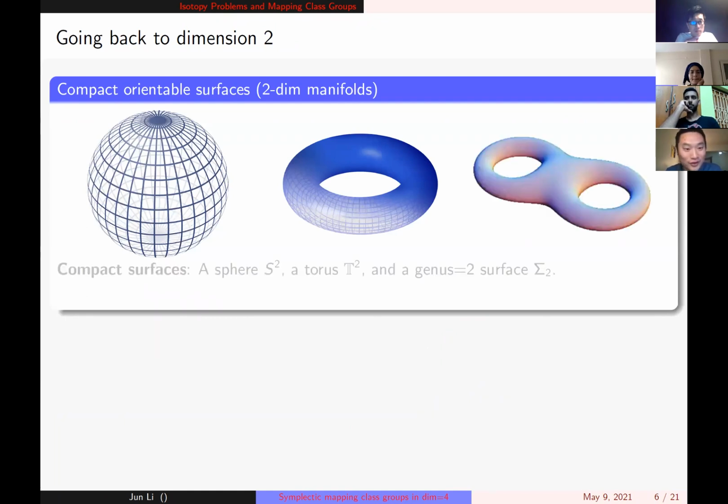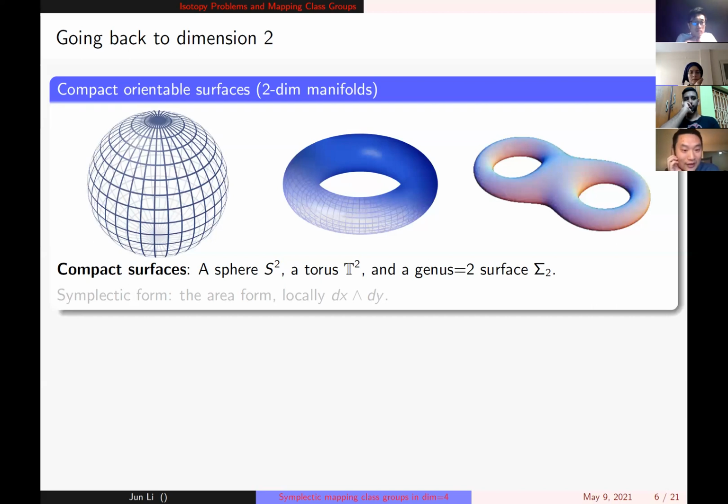We have those three surfaces: a sphere, T2, and a genus g surface. Of course, we can have more genus by attaching more handles. And we are able to endow them with a symplectic form, which is basically the area form, locally dx dy. Well, one way to think about this picture is we are actually classifying these Riemann surfaces according to their Kodaira dimension. So this guy has Kodaira dimension negative infinity, this guy Kodaira dimension 0, and this guy 1.